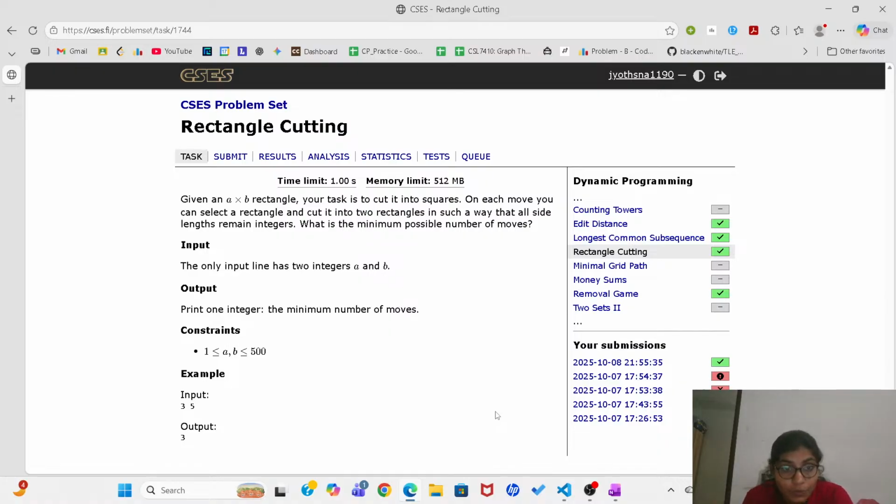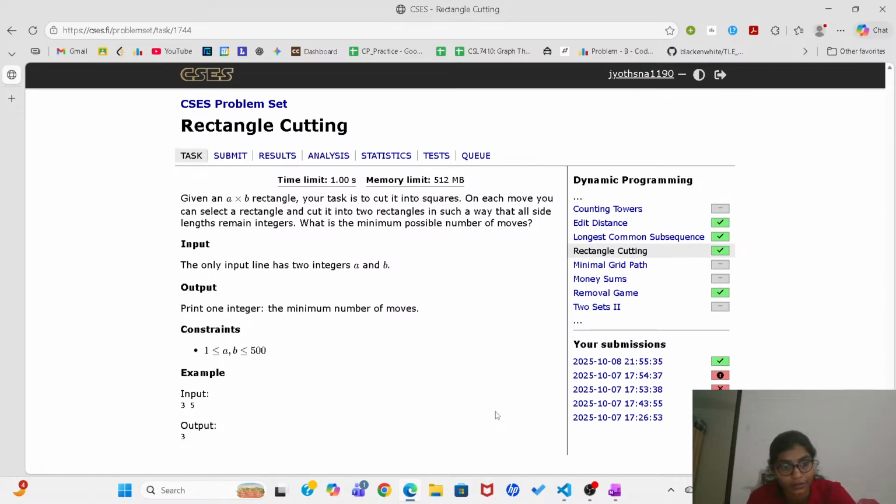What is the minimum number of moves? A and B are at most 500, right?